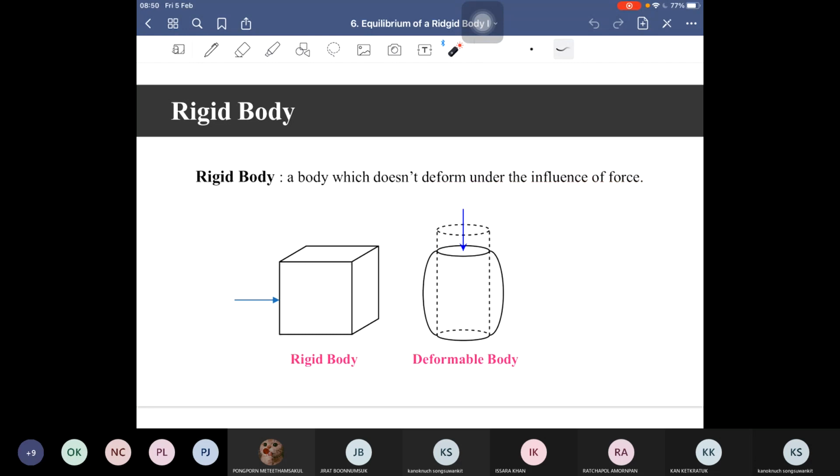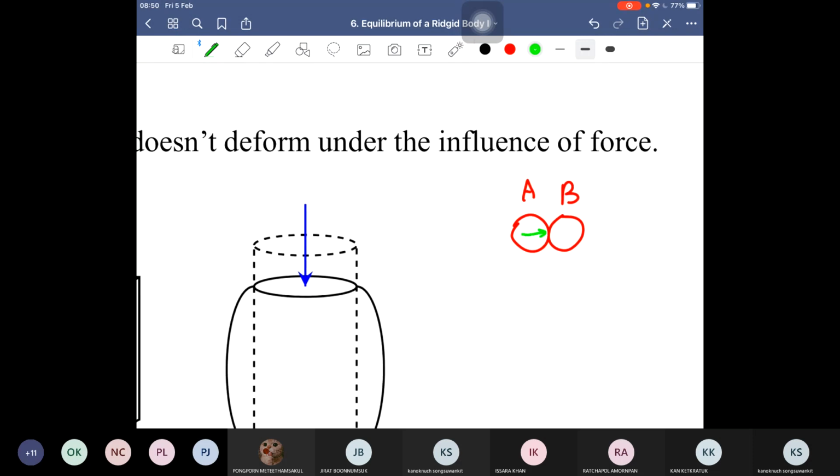So when a rigid body is subject to an external force, an internal force occurs as an interaction between particles, like particle A and particle B, inside the body. These internal forces interact between particles within the body with equal amounts of force, but in opposite directions.